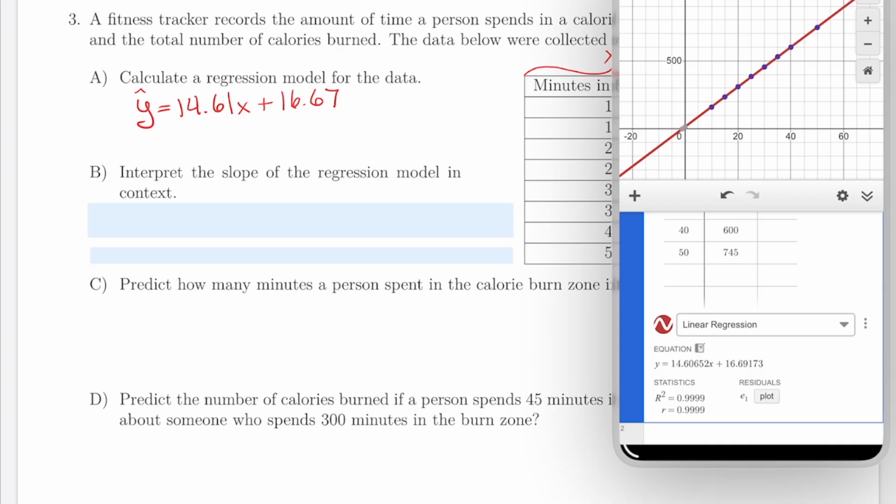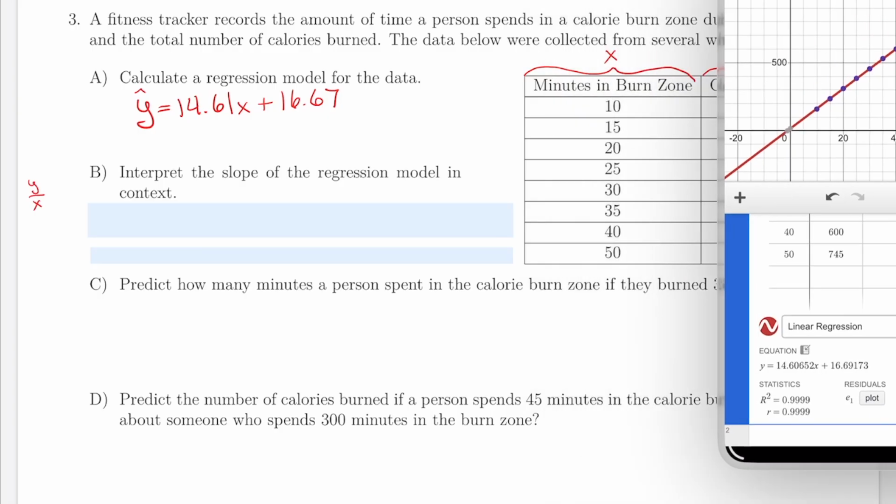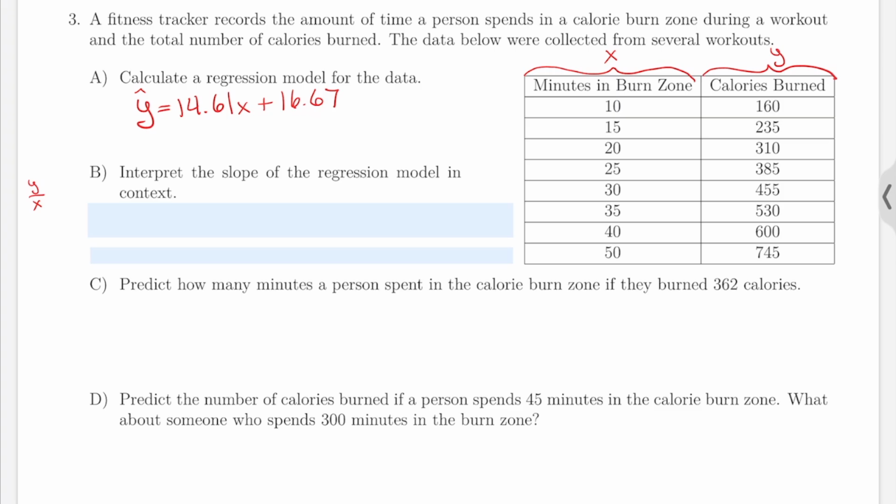Interpret the slope. Well, remember, the slope is actually rise over run, or y over x. If we look at what we have here, we have calories burned, and then our x value is minutes. So it should kind of make sense that our slope of 14.61, which by the way, you can always turn any number into a fraction by putting it over 1, means 14.61 calories per 1 minute.